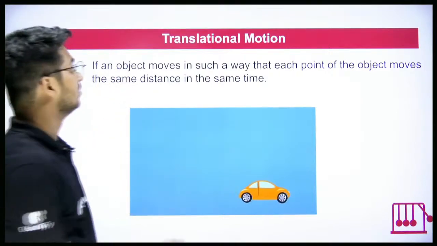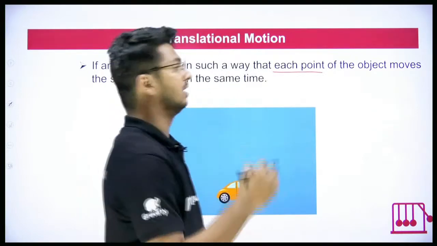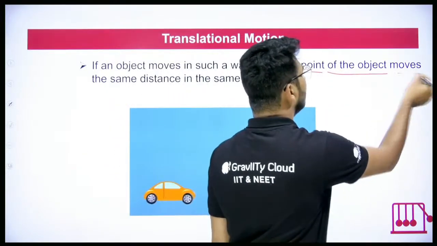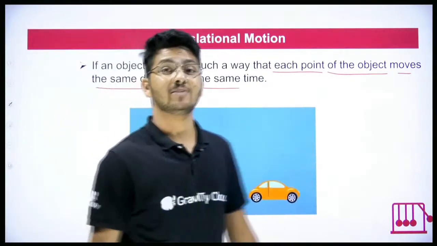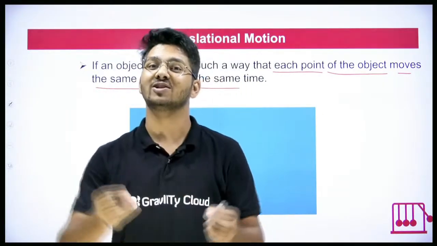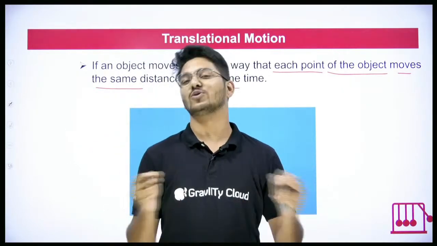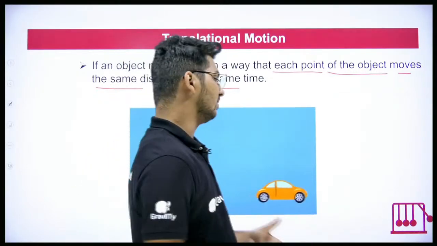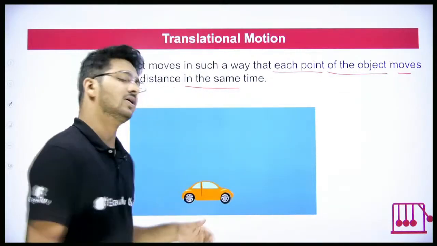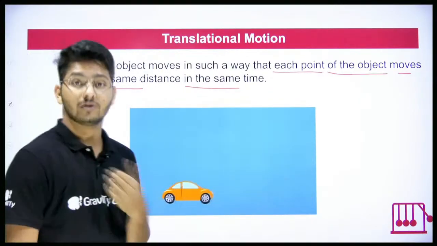If an object moves in such a way that every point of the object moves the same distance in the same time, those types of motion are called translatory or translational motion. Simple enough, right? So the best example would be a car traveling on a straight road.